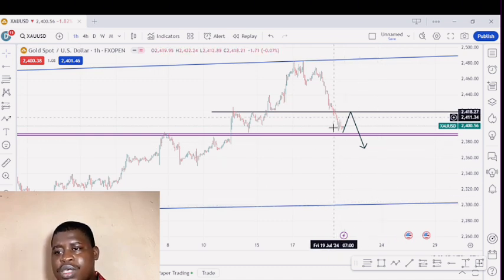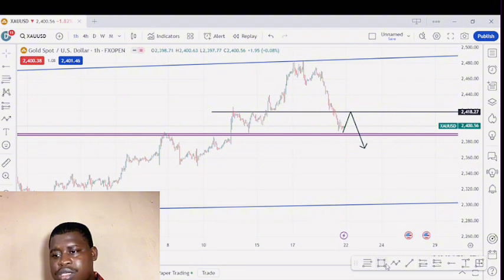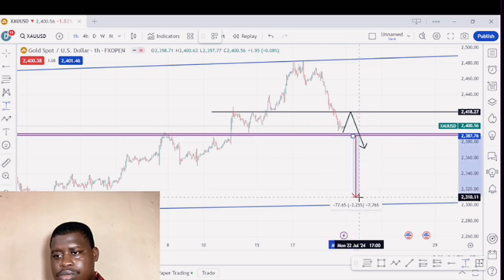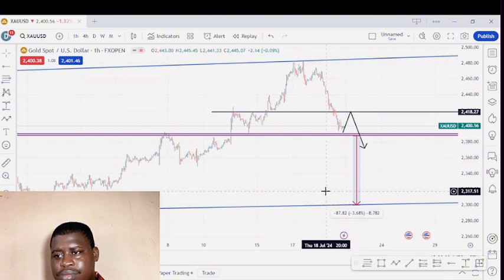So we still have all the way down here to benefit from.